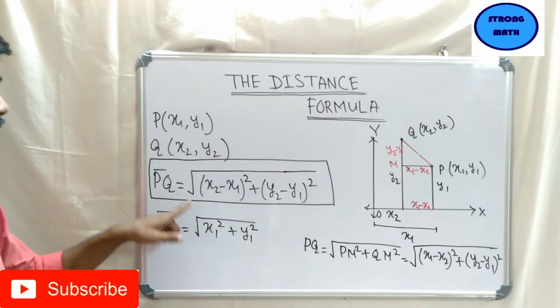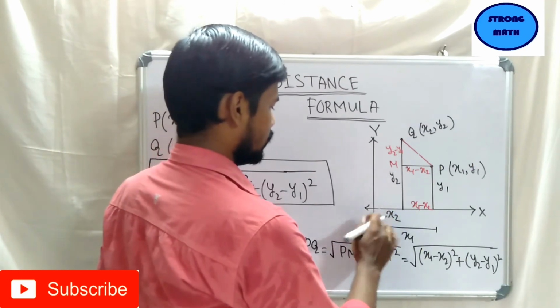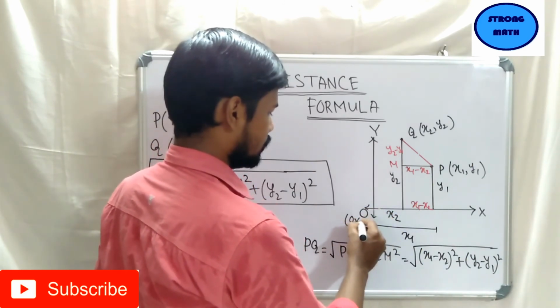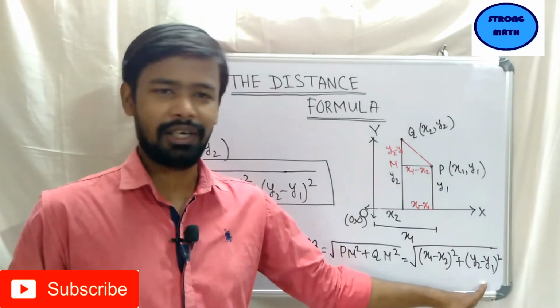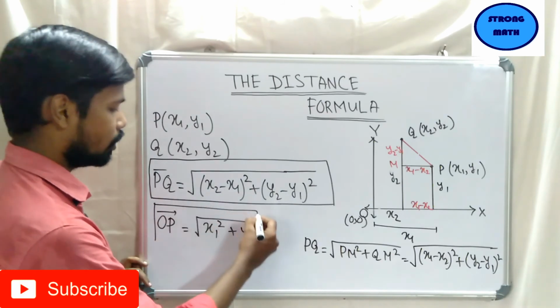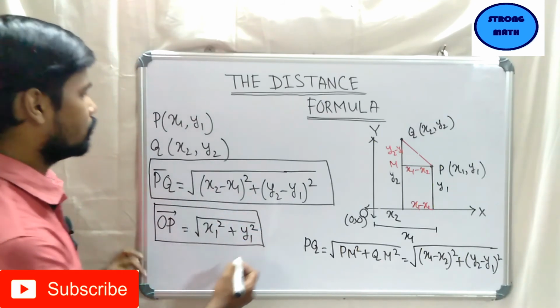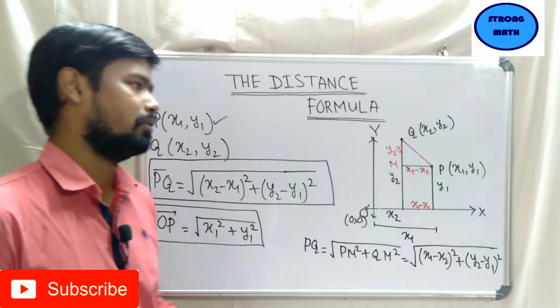We know the origin is 0, 0. If we put 0, 0 in the second coordinate, that is x2 and y2, then we can easily get the distance between O, the origin, and any point P whose coordinates are x1 y1, which is root under x1 square plus y1 square.